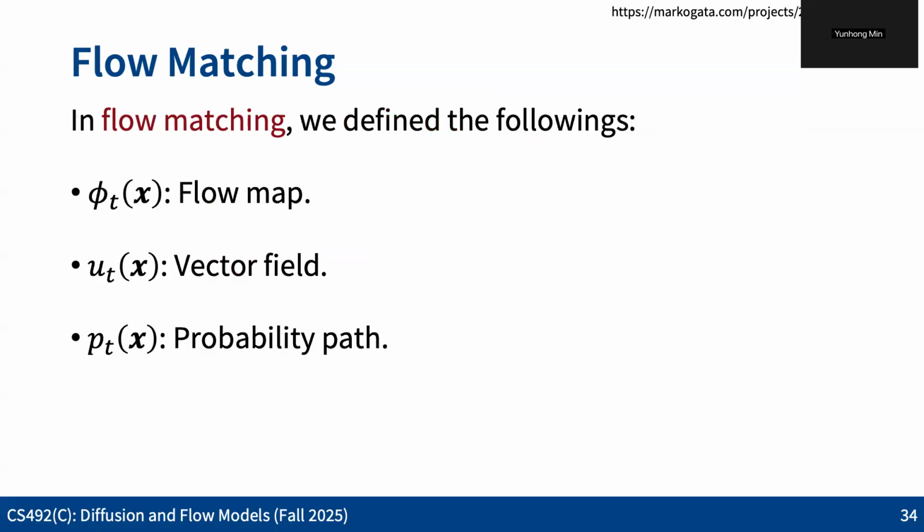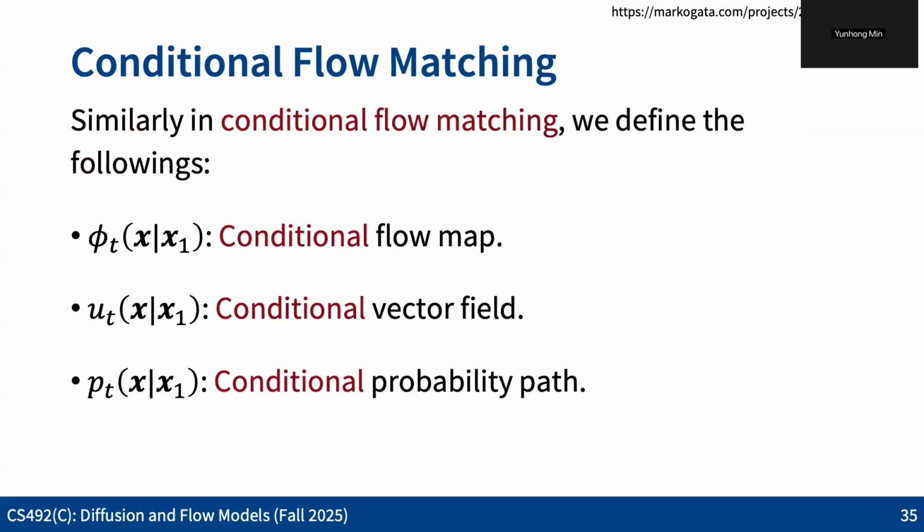And as I said, we're going to keep looking at these three things: flow map, vector field, and probability path, and how they are related to each other. That's also what we saw in the previous slide. We can see the same thing for the conditional setup: the conditional flow map, conditional vector field, and conditional probability path.